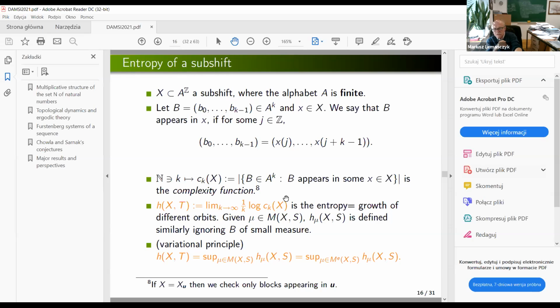But then, of course, this idea of the variational principle: you have a topological dynamical system, you look for the measures of maximal entropy, and then you have this concept of topological pressure, etc. This is very much related to physics. In dynamics it is called thermodynamic formalism.